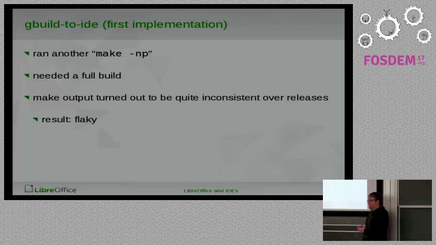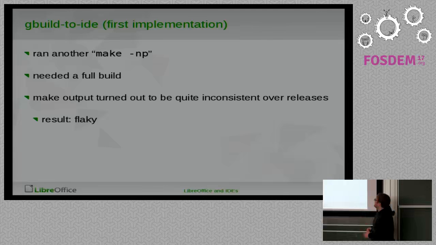And the goal of this was to get people who were new to development onto an IDE. And if the first thing they do is fail, and they need a full build to get there, that kind of sucks.